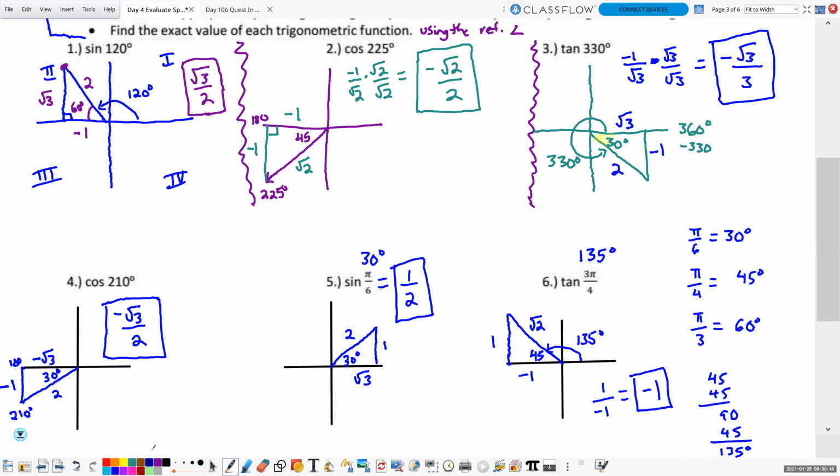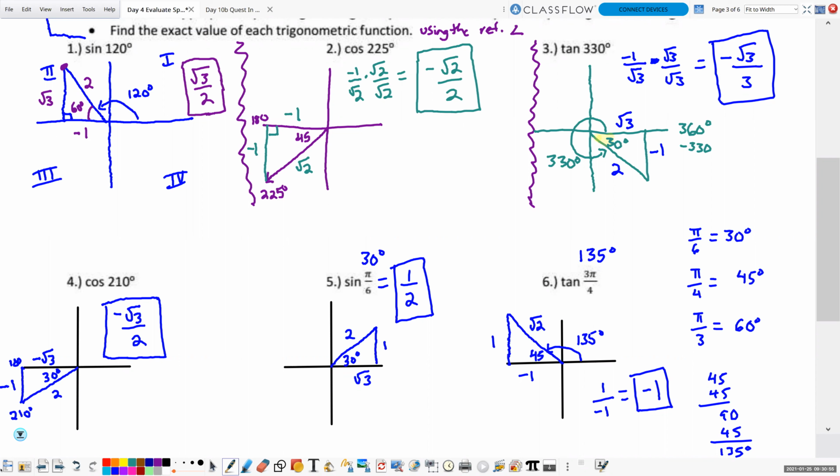Questions? Questions, concerns? All right, so now I got some that are in radians.